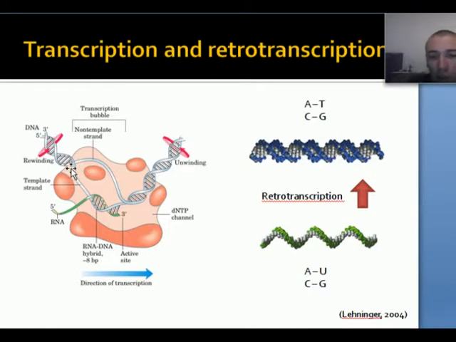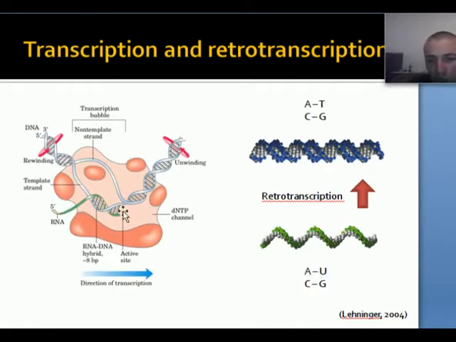So helicase opens or unzips this DNA, so that DNA can be read and RNA can be constructed from this DNA template. We have the non-template strand and we have the template strand, which is the one that is being transcribed or copied.